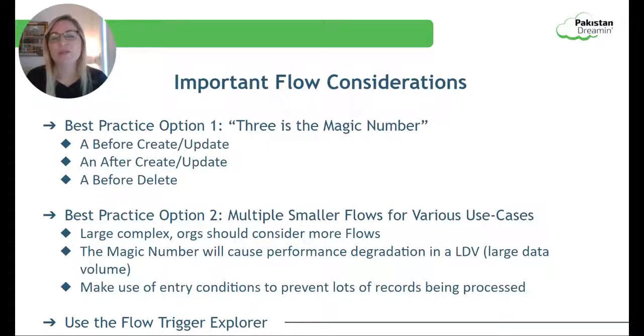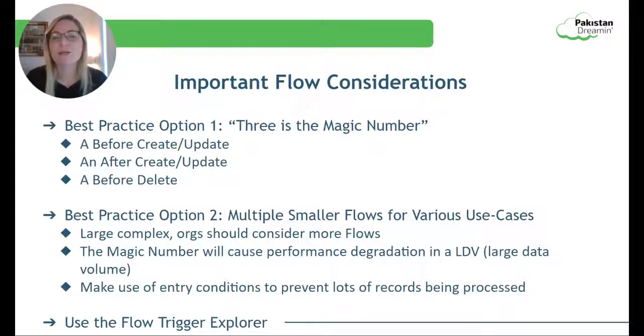Now, the issue with the 3 is the magic number option is it will cause performance issues and performance degradation for very, very large complex orgs, which maybe have a lot of data. So for them, we want to think about best practice option 2, and that's multiple smaller flows for various use cases. If they were to try and restrict their flows to just 3 per object, they will experience issues.